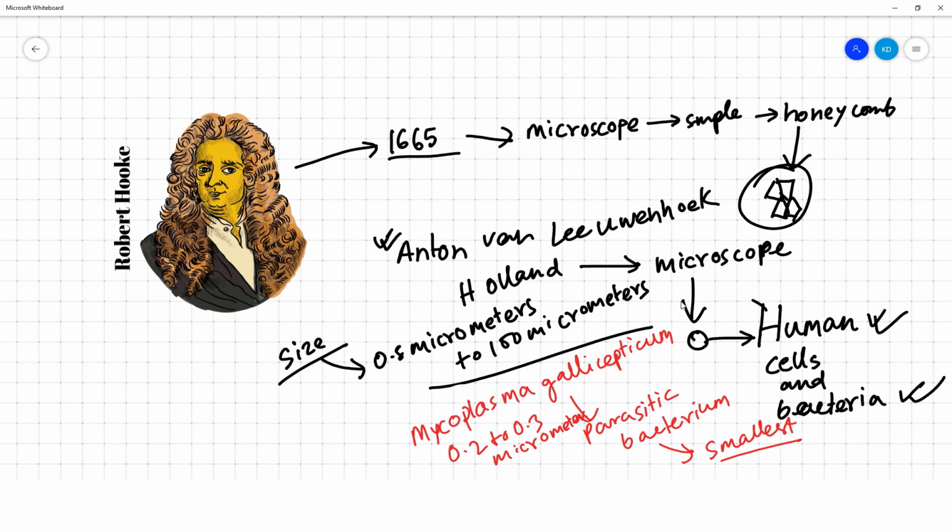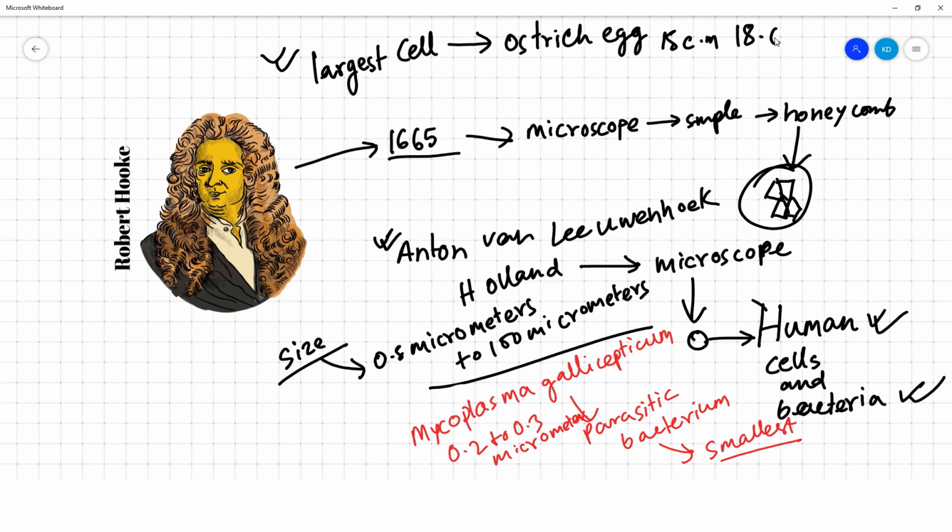The largest cell, as we all know, is the egg of the ostrich. It is maybe 15 to 18 centimeters, long and wide.